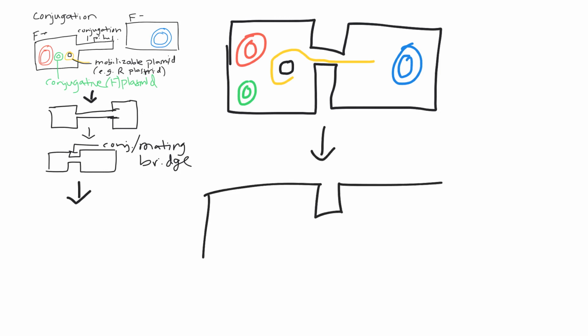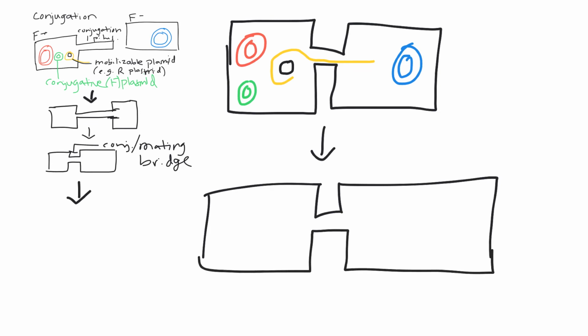Same thing's going to happen. I think it kind of happens simultaneously, but we're going to draw it like this. Genome, F plasmid, mobilizable plasmid, synthesizes its complement, or the second strand, I should say. So now we have two complete ones of those.